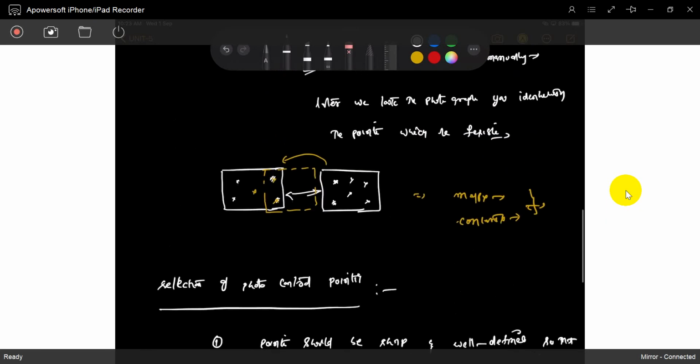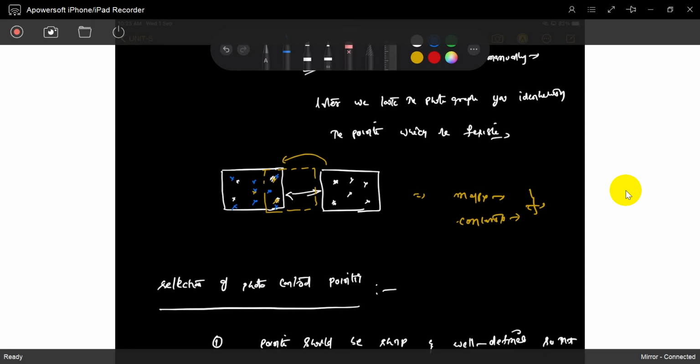Favorably located means, as I said previously, don't choose those points exactly one, two, three like this. You have to place one here, one in the center, favorably located to match another photograph. Don't take all points surrounding one point.